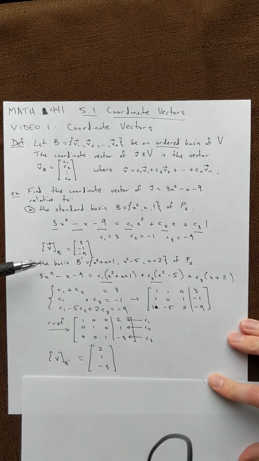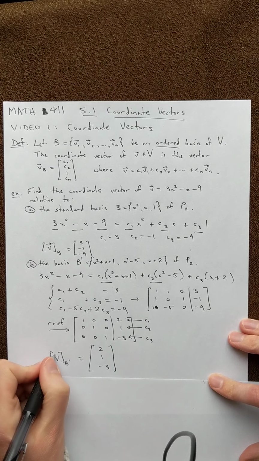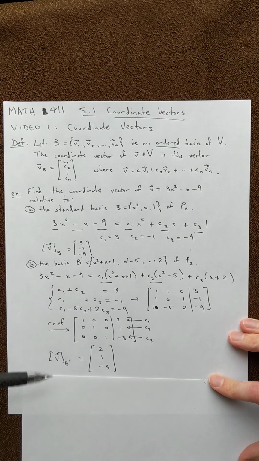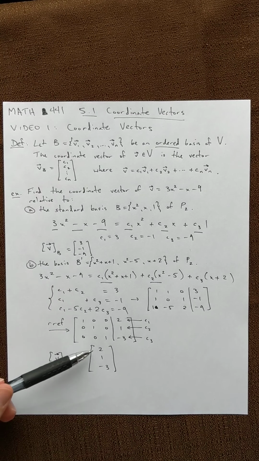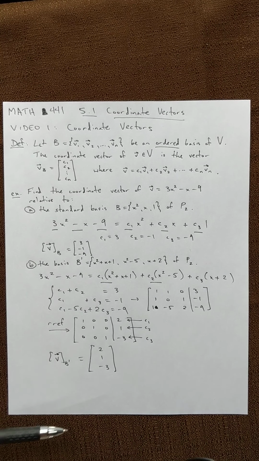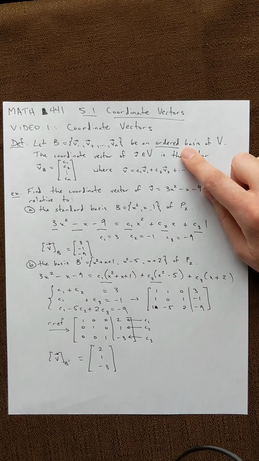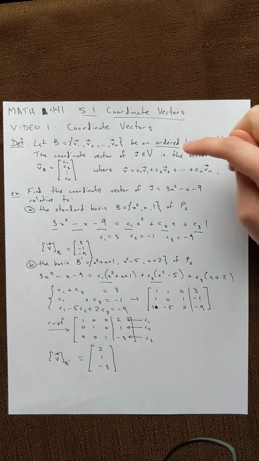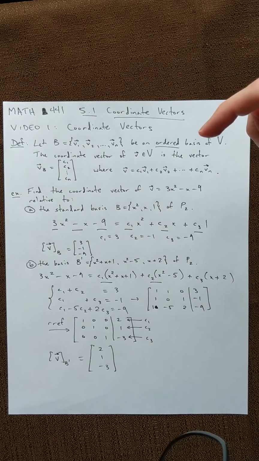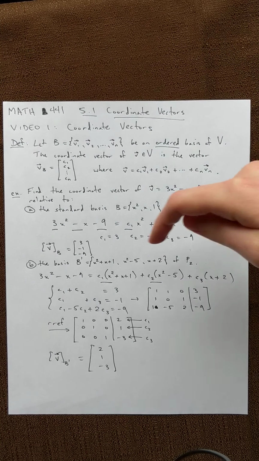Okay, so writing the coordinate vector of the same vector relative to a different basis is going to give us a drastically different answer: 3, negative 1, negative 9 versus 2, 1, negative 3. And I'm going to go all the way back to the original word I was emphasizing in the first line. An ordered basis is because the order in which the vectors v1, v2, and so on appear is going to tell us the order in which the constants appear.